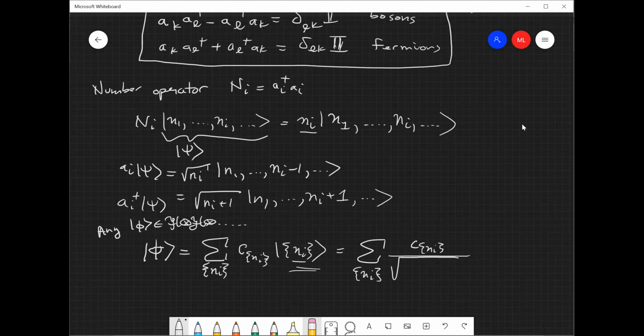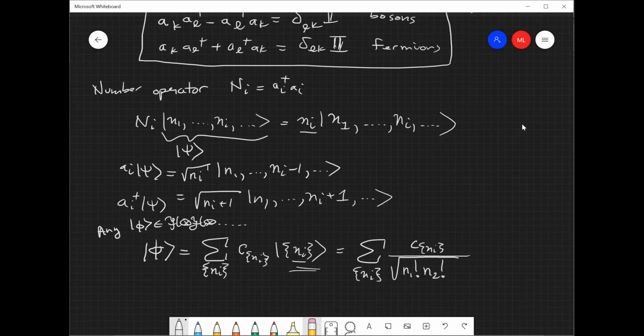And what do we have to do? We have to apply the creation operator, right? n sub i times for each of those single particle states i. So what you'd get is, for state 1, you'd apply it n1 times. For state 2, you'd apply it n2 times.